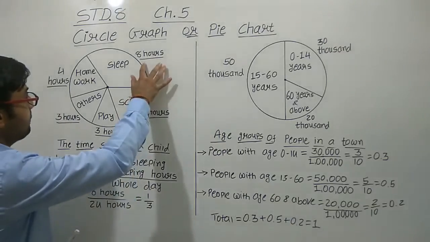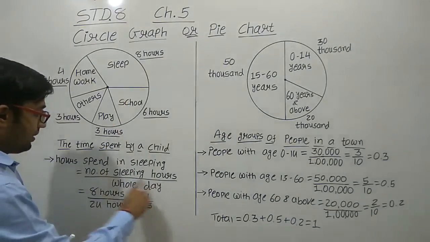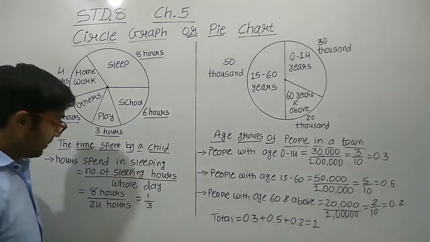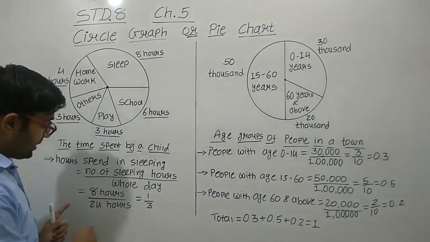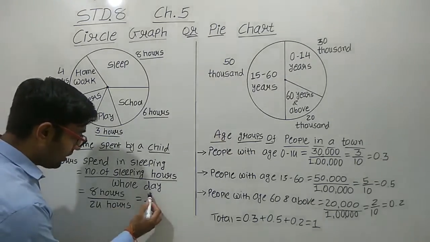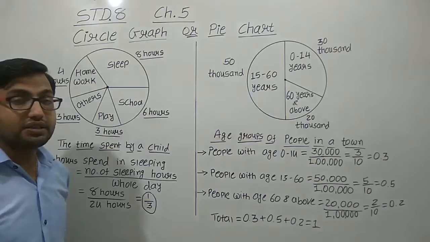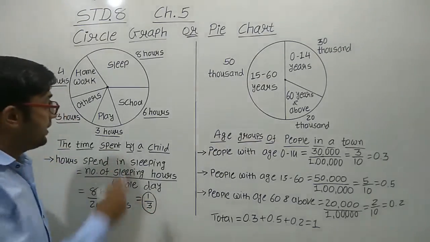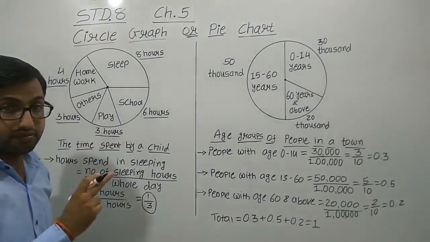So the sleeping hours is 8, and the whole day is 24 hours. So when we cancel, we get 8 3s are 24. So this 1 upon 3 represents the portion we have to spend here as a circle, right?